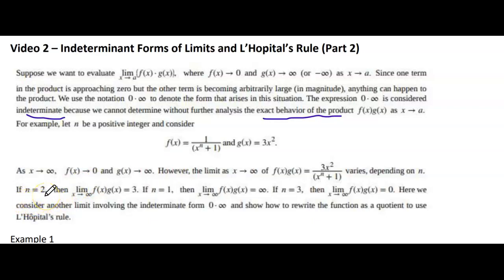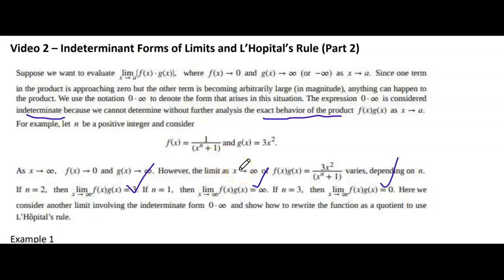If n equals 2, well, then we have the same rate, so we would have 3 over 1 if you use that horizontal asymptote rule. If n is 1, well, then the whole thing goes to infinity. And if n is 3, then the whole thing goes to 0. So you can see there's a whole bunch of different scenarios that might happen depending on what this value of n is. So we need to have a way to look at this further.